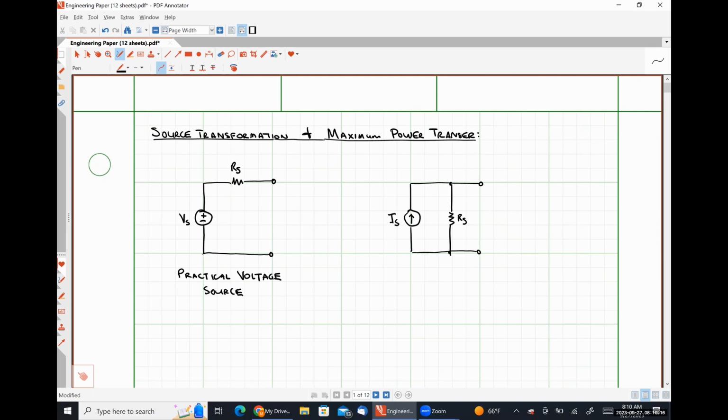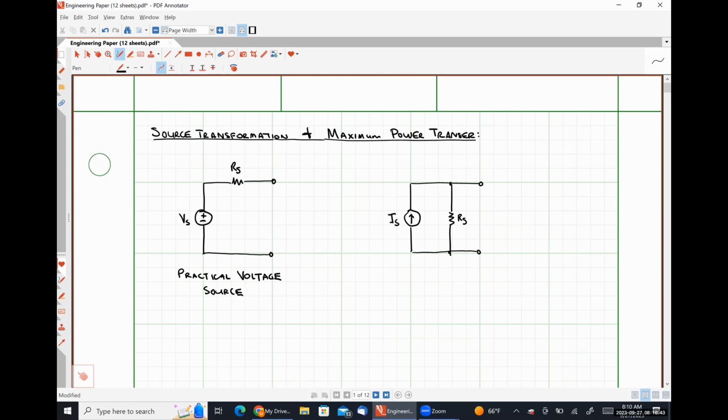We can't generate an infinite amount of voltage because that would mean we were transferring an infinite amount of energy, and that would violate one of the laws of thermodynamics, all that kind of good stuff. So the source resistance Rs here effectively winds up limiting the amount of voltage that we can ever see across the terminals of this practical current source.